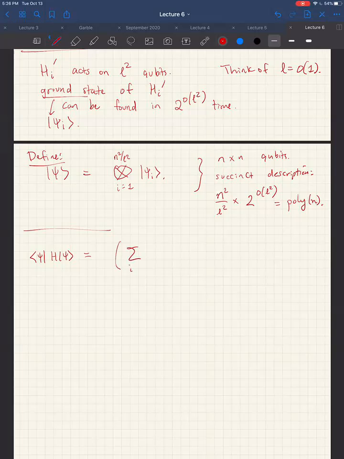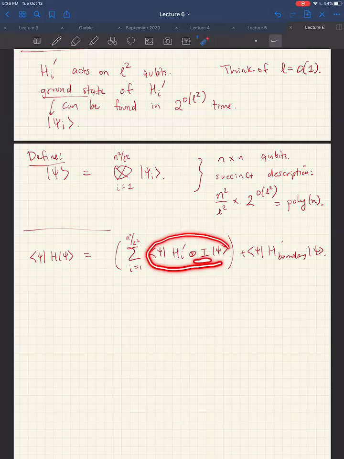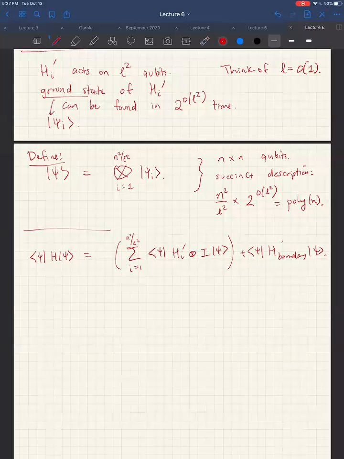Okay, so let's expand out what this is. Let's first sum over all the patches. So we're going to have psi, inner product, patch i, and then we have these boundary terms. Since this is identity on all but L squared qubits, and psi is a tensor product of states, we can just isolate the ith ground state.